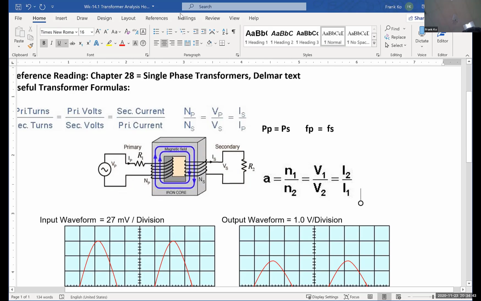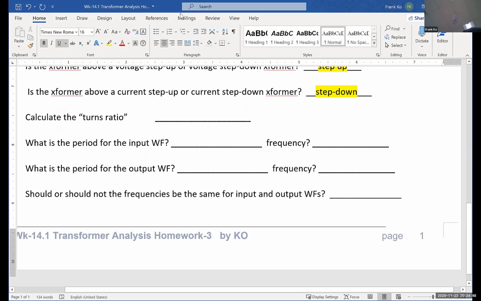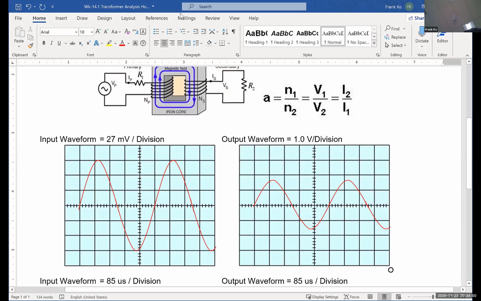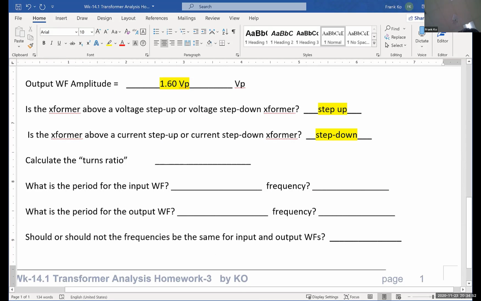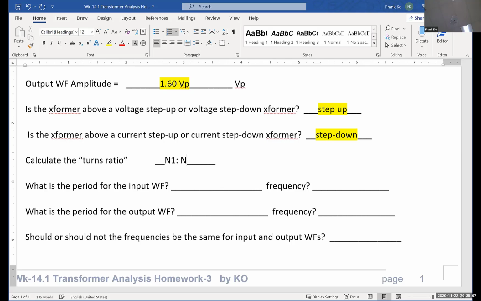So turns ratio was given as N1 over N2. How are we going to set that up? Sarah? Do we use V1 over V2? Precisely. V1 divided by V2, yes?